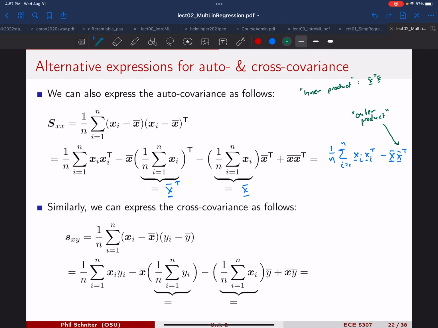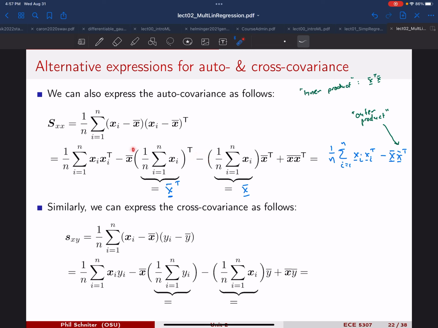Okay, is everybody okay with this expression? Yeah. How did we get rid of the middle terms? Oh, so all the last three terms, this is just the negative of this one.